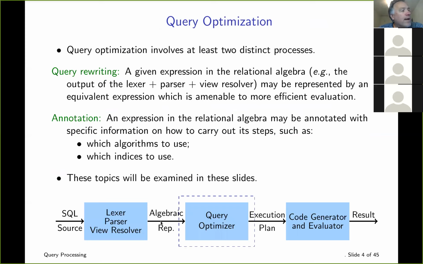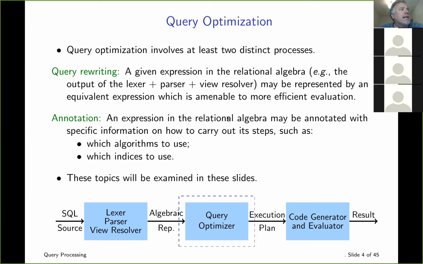So the algebraic expression comes in, and then you have the query optimizer. Essentially there are two distinct processes it does. It's going to look at generating a fair number of alternatives, and then it's going to annotate those alternatives.